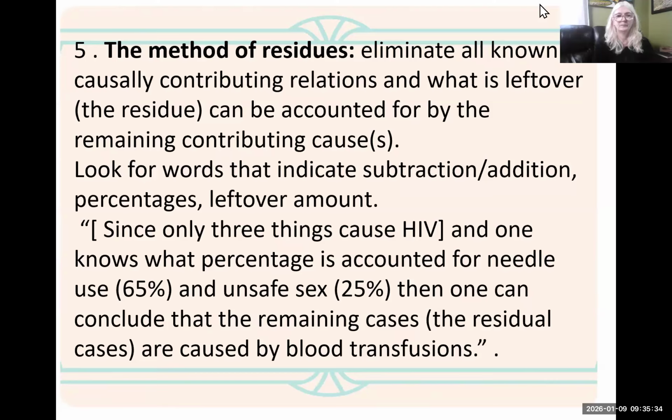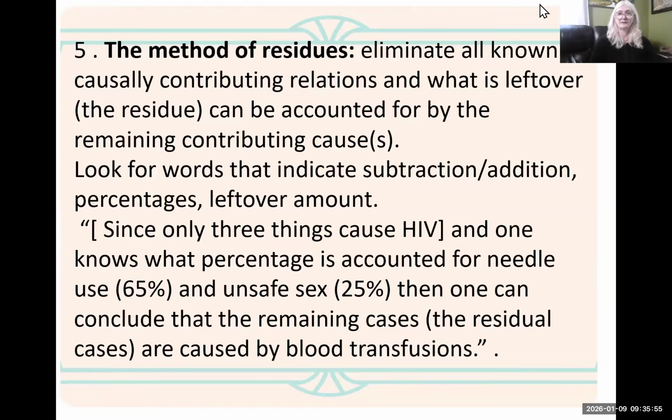Here's an example. Since only 3 things cause HIV, and one knows what percentage is accounted for by needle use, 65%, and unsafe sex, 25%, then one can conclude that the remaining cases, the residual cases, are caused by blood transfusions.